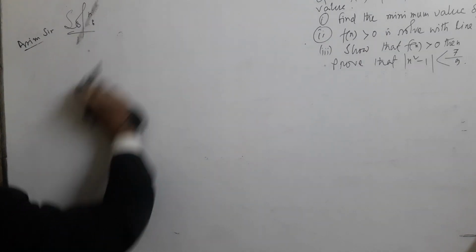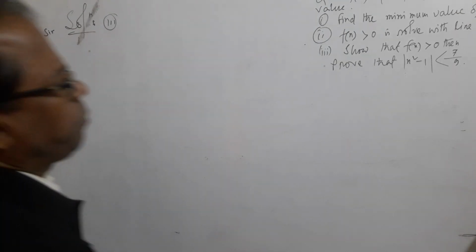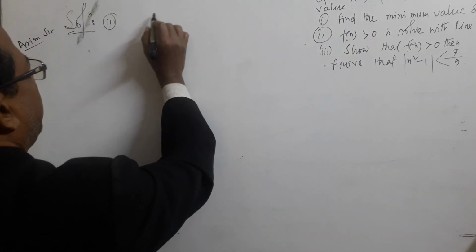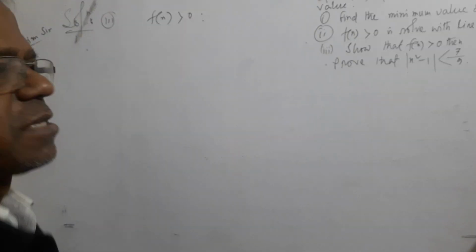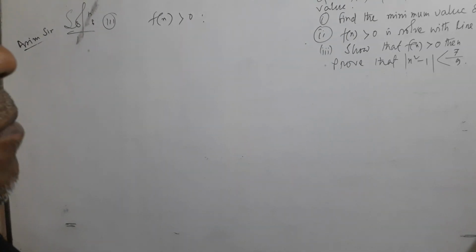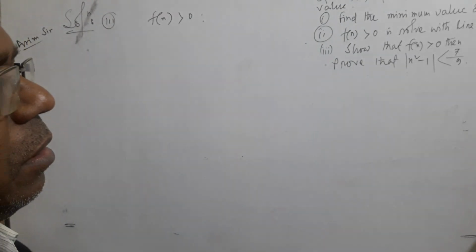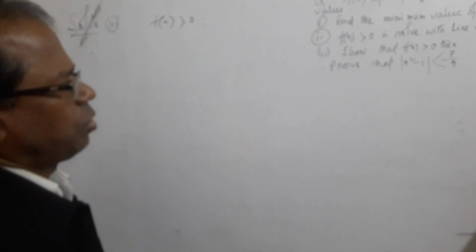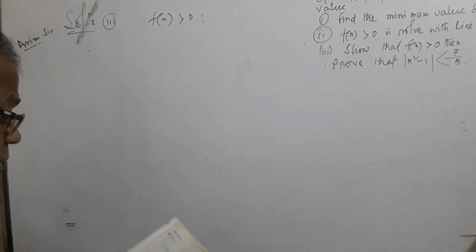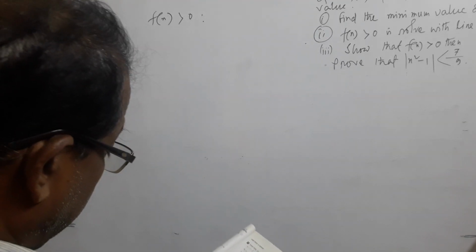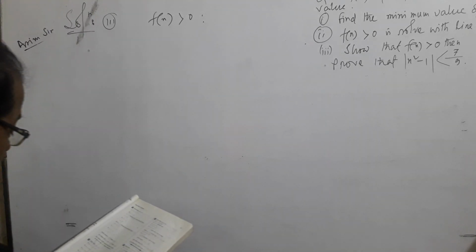And now solve question number 3. We have to show that if f of x is greater than 0, then this holds. These maths are solved similarly to the previous maths, so they are not a problem, I think. You have to practice symbolically, then obviously this practice is so easy.